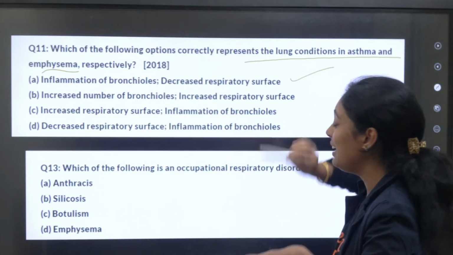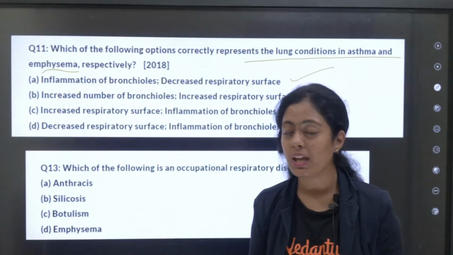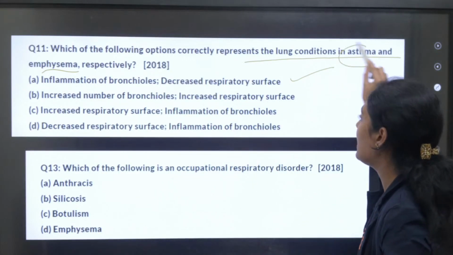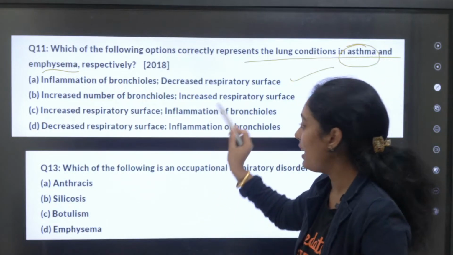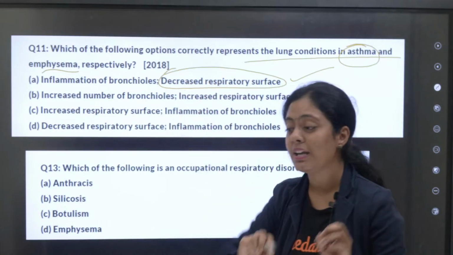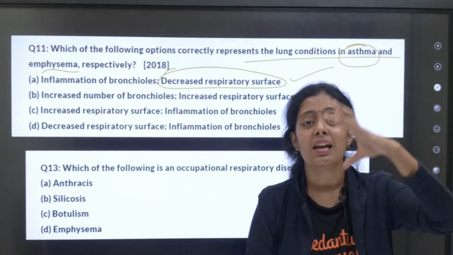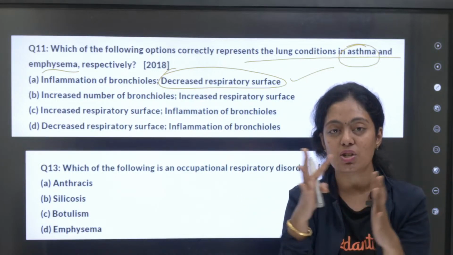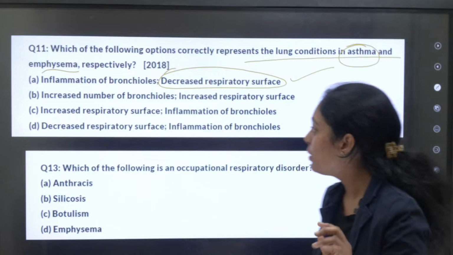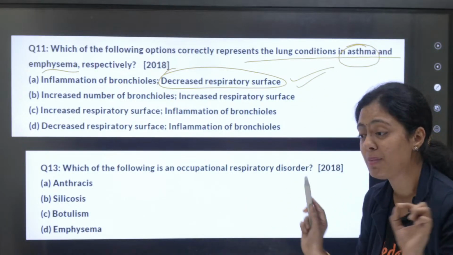It is option A undoubtedly. In asthma, there is an inflammation of my bronchiole. And in emphysema, what happens? It is decreased respiratory surface. Because of this, alveoli will become one big sac and there is degeneration of the wall of the alveoli. So the right answer is option A guys.